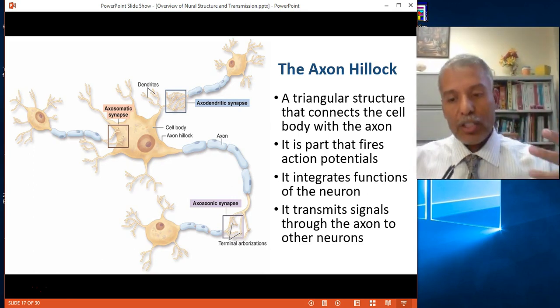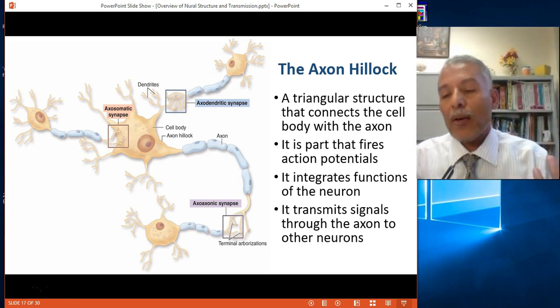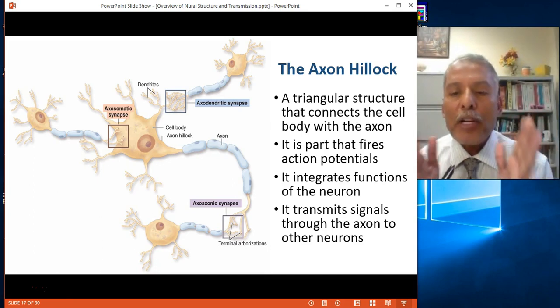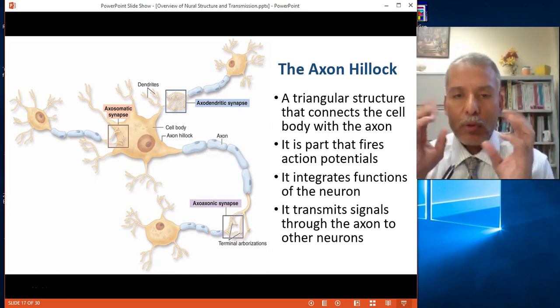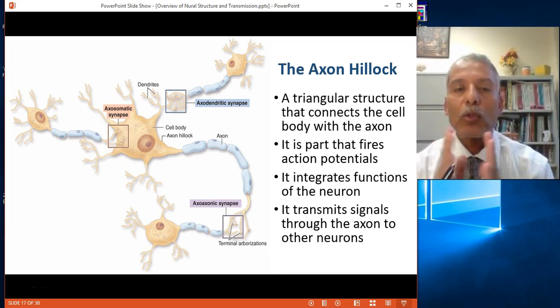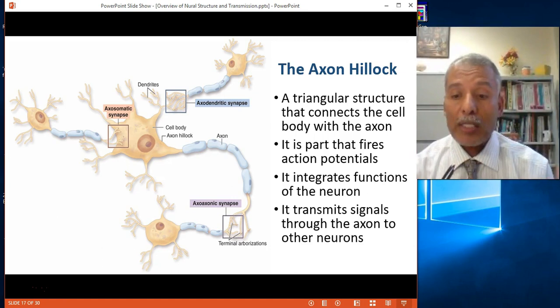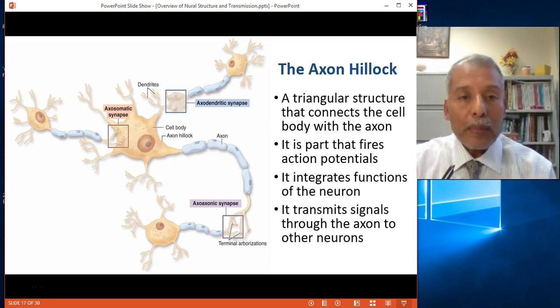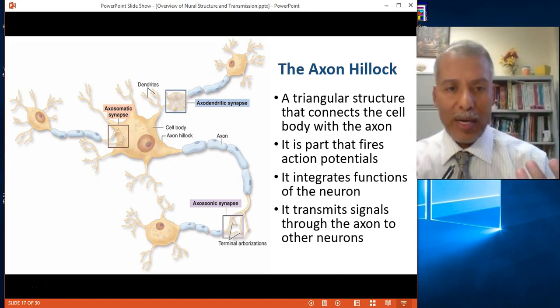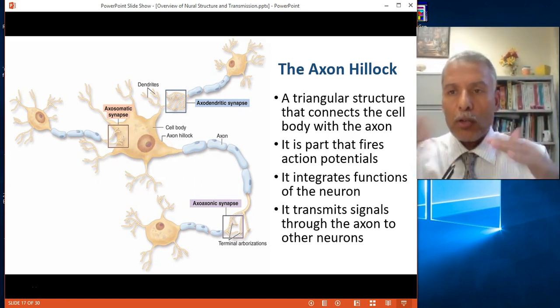Once it reaches there, the axon hillock gets signals now from every single dendrite, every single synapse on the body or the dendrites. Hundreds and thousands of signals. Because some of these neurons communicate with 50,000 or more. Some of these signals are inhibitory, telling the axon hillock, don't fire.